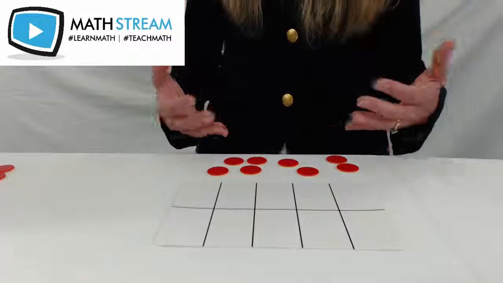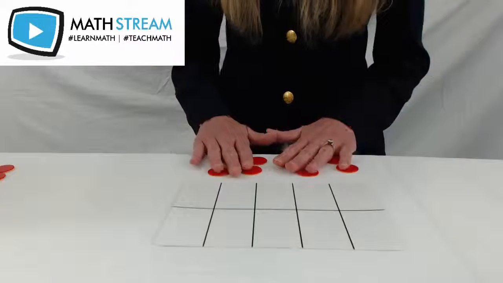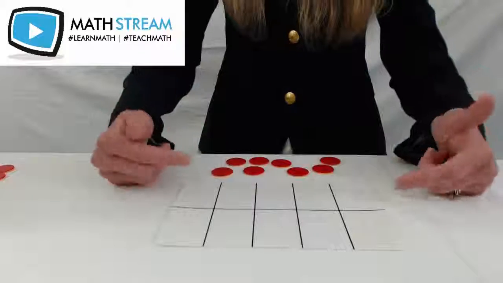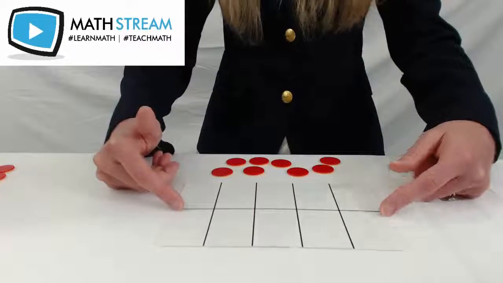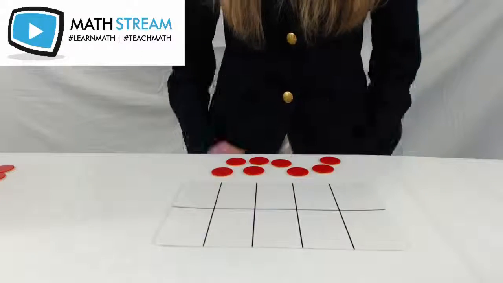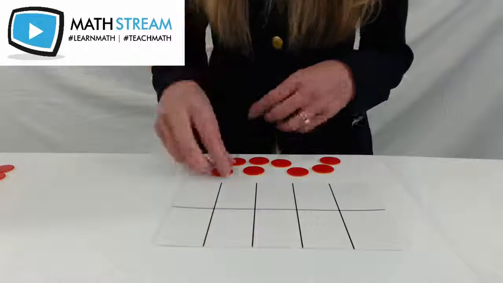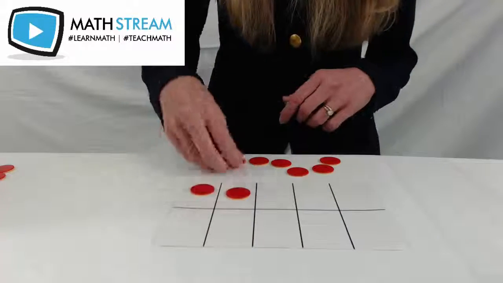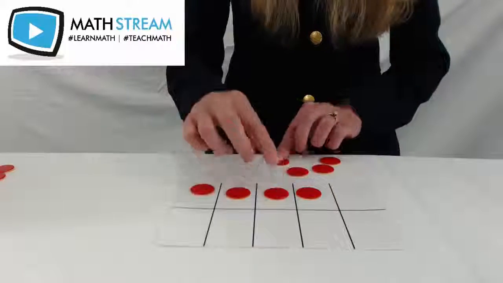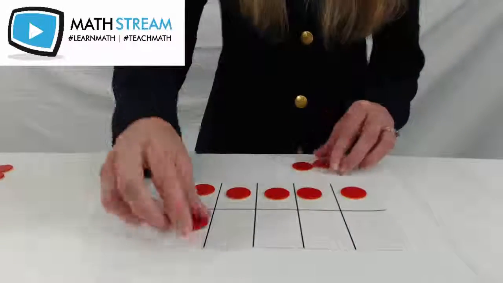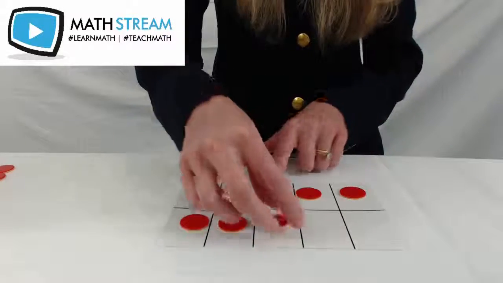So my next assignment is take the 8 discs and represent them on the 10 frame any way you choose. So one student might take their discs and fill in a whole row, and then move on to the next row. 1, 2, 3 more.